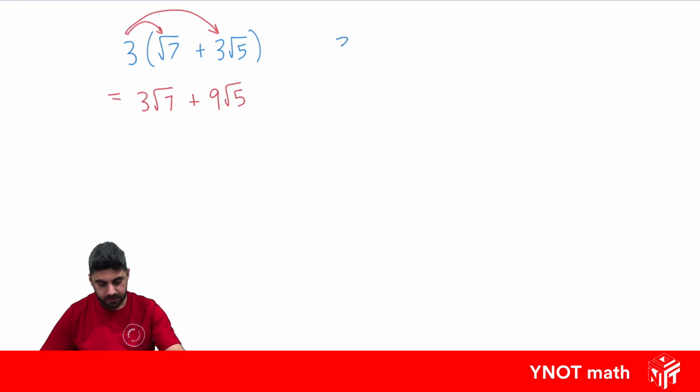What about 3 root 2 outside of 2 root 5 minus 5 root 6? Need to multiply by every term inside. 3 times 2 gives us 6. Root 2 times 5 gives us 10.